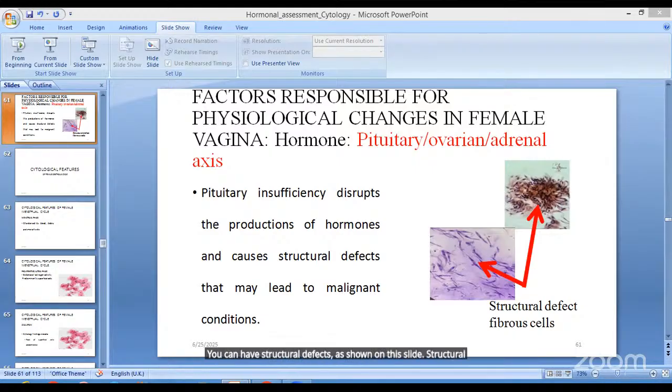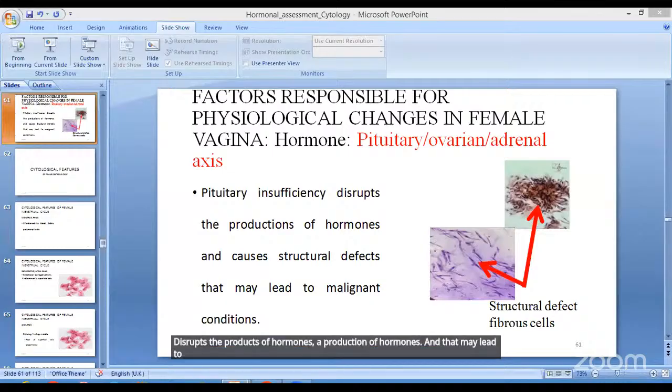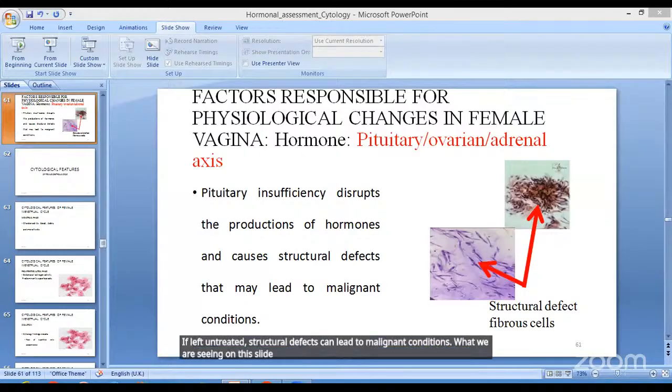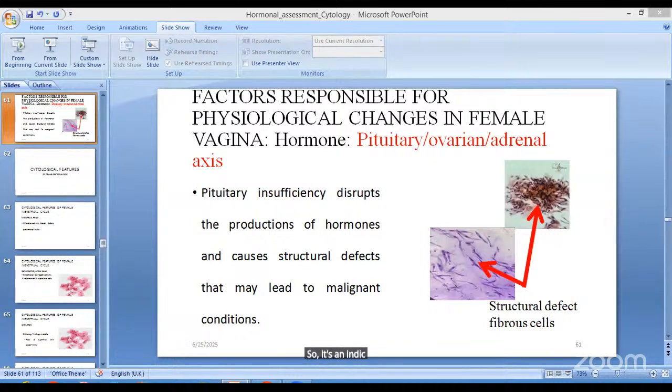Example, pituitary insufficiency disrupts the production of hormones, and that may lead to structural defects. If left untreated, structural defects can lead to malignant conditions. What you are seeing on this slide are structural defects, really. So it's an indication of disruption in the functioning of the pituitary hypothalamus gonads adrenal axis.